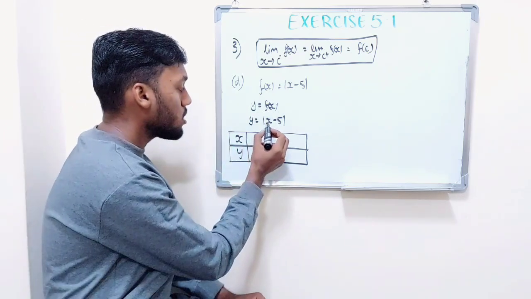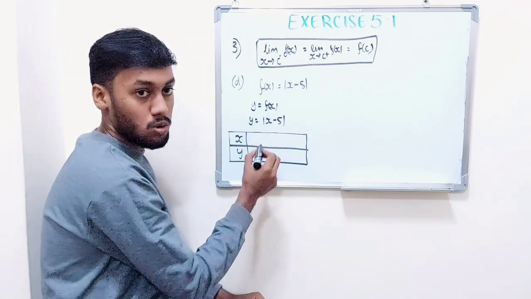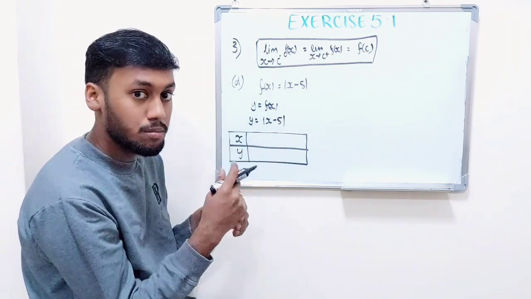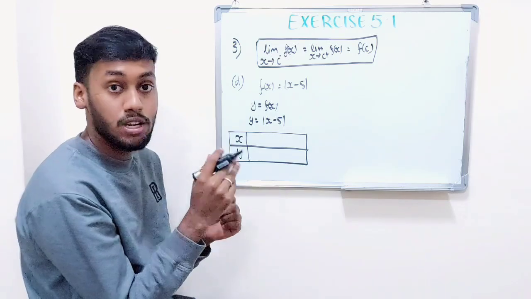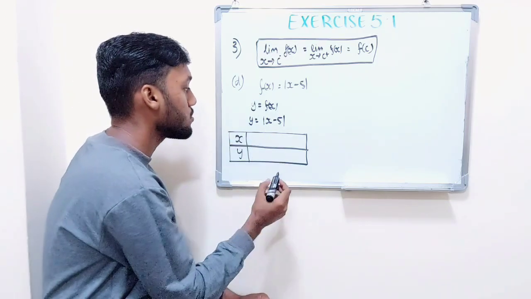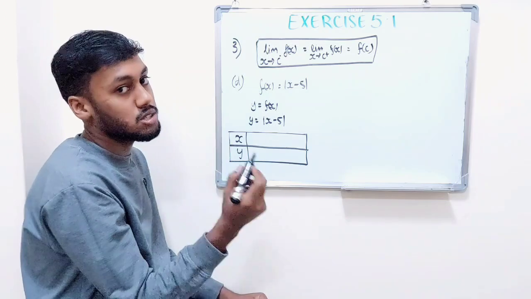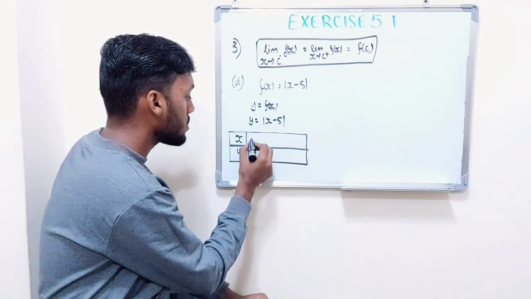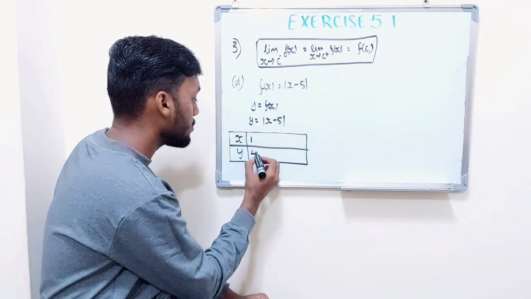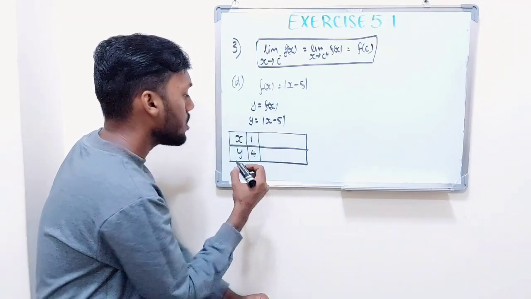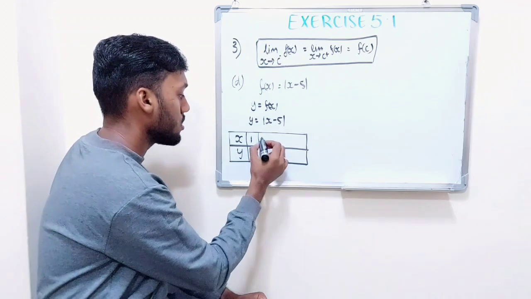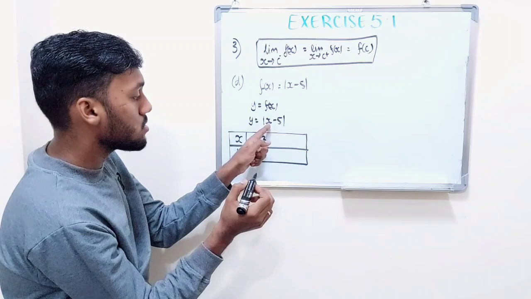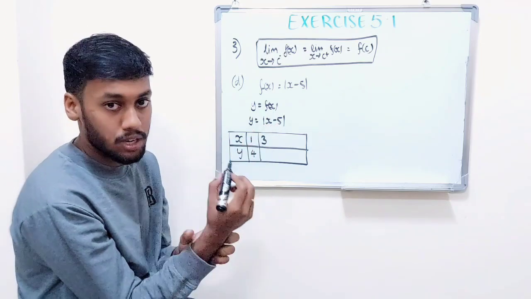So what happens if I put x as 1? Inside we will get 1 minus 5, which is minus 4. But when it comes out of mod operator, it becomes plus 4. Note it, it only gives positive values outside. So x is 1 means y becomes 4. Let's take x value as 3. Inside it becomes 3 minus 5, which is minus 2.